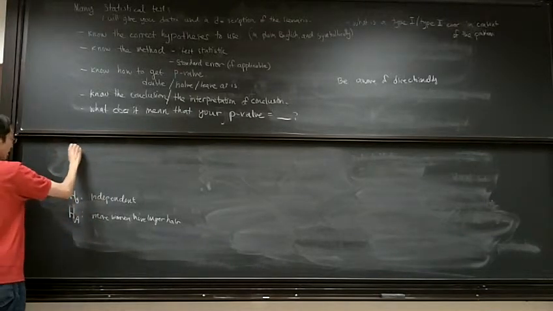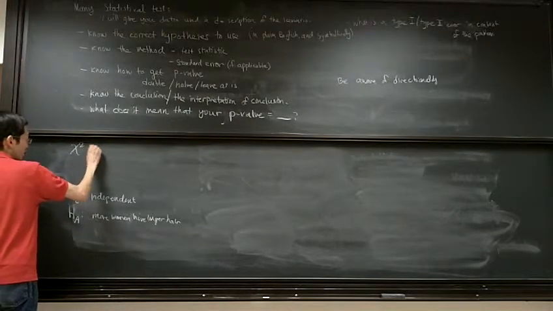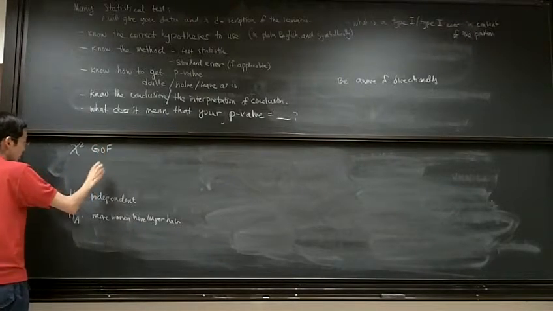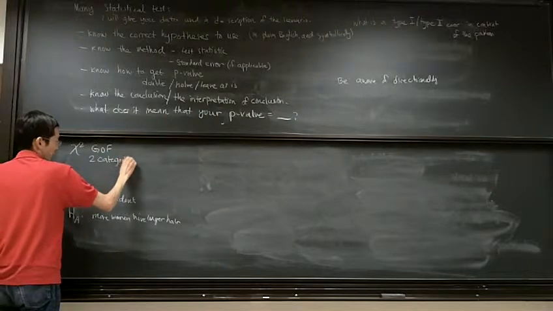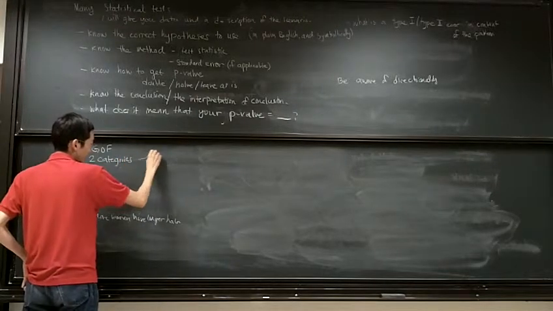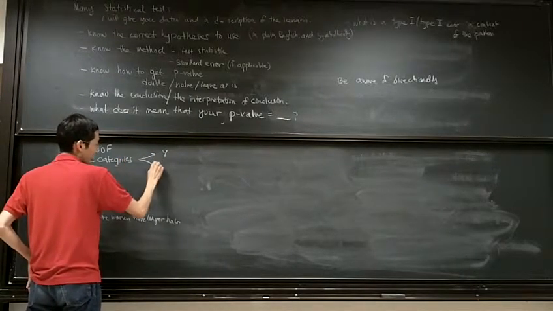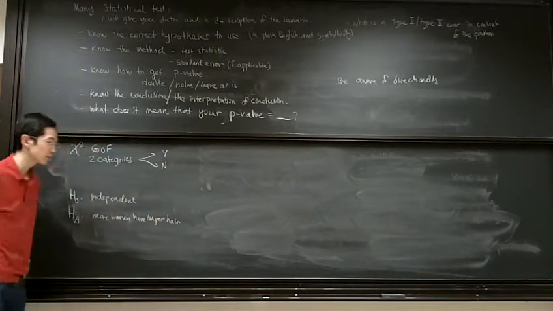So chi-square goodness of fit, if you have only two categories, basically let's say the categories are yes and no, it can be directional.